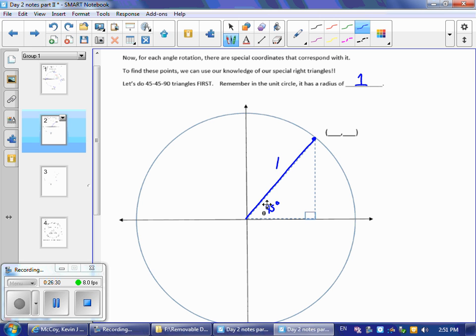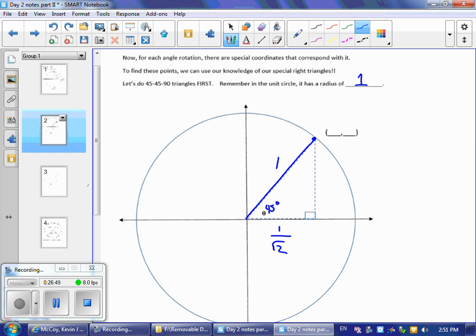So if I have the hypotenuse, to get back to a leg I would simply divide by the square root of 2. So the leg here is going to be 1 divided by the square root of 2.